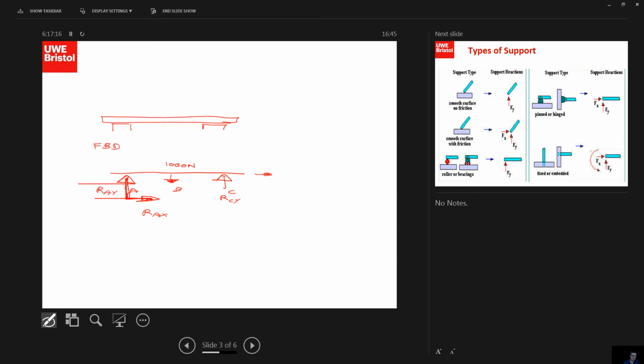What else? Let's do something else, and let's consider maybe a very simple framework, almost like a roof type thing there.